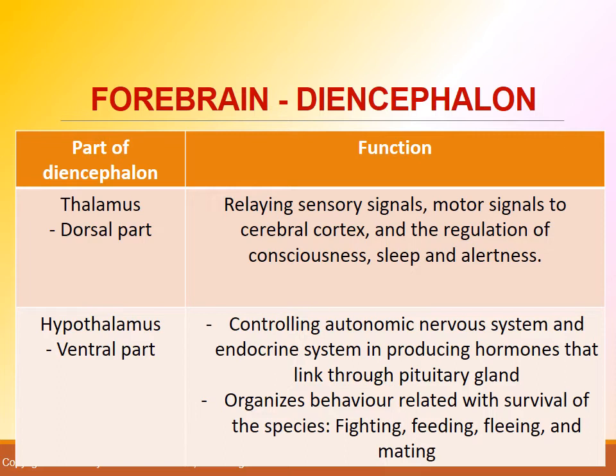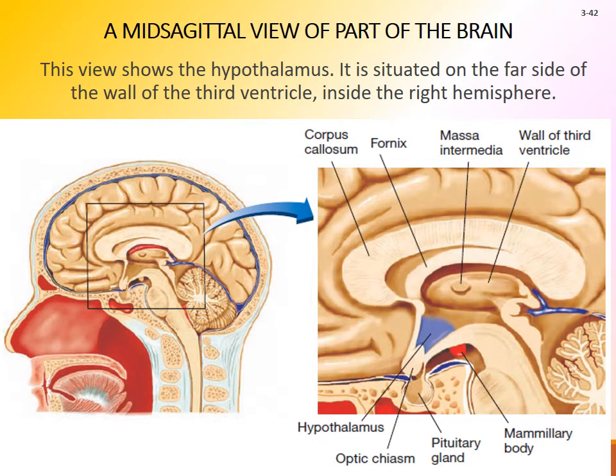The hypothalamus is also important in organized behavior related to survival of the species such as fighting, feeding, fleeing, and also mating.